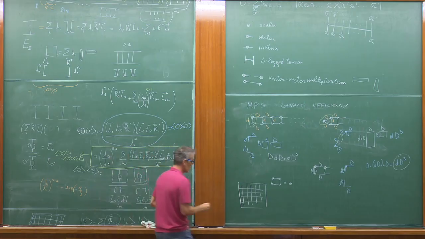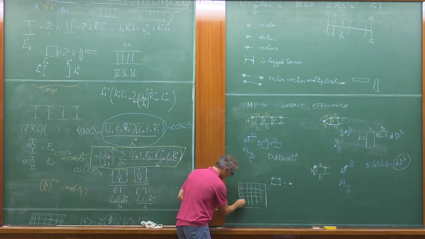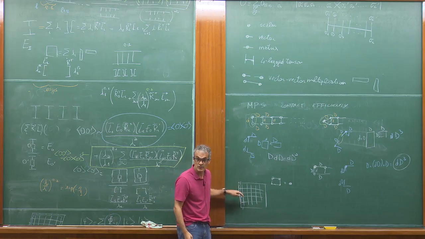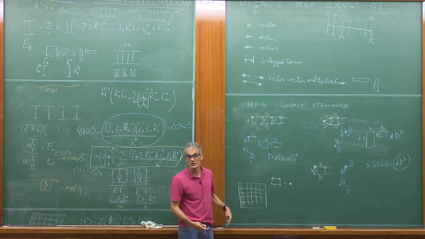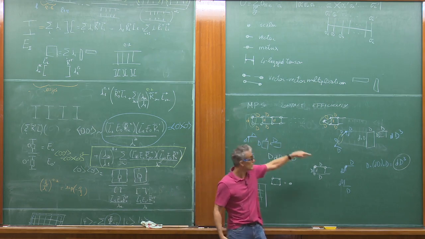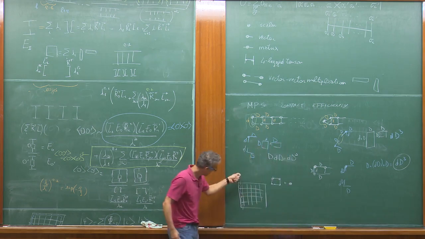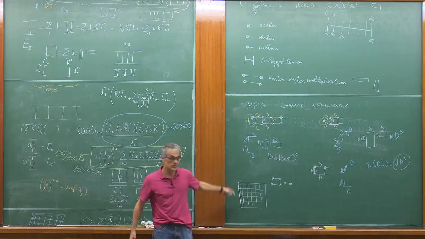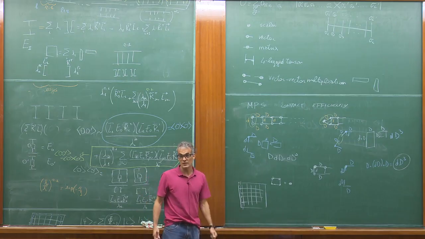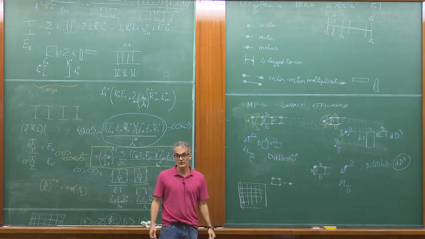Because let's say you start and you compress this, already you have so many legs open, right? And then you have to sum up all of this. So you always have a lot of legs open. Here, at most you have 2 legs open, and that's why we get the D cubed. Here you have a number of open legs that scales with the size of one of the dimensions of the system. So it's extremely difficult. It's actually P sharp.